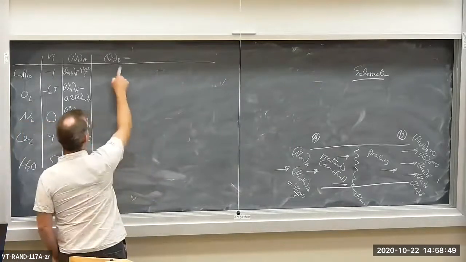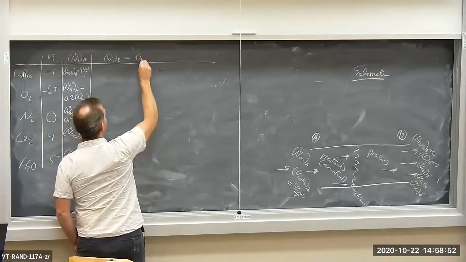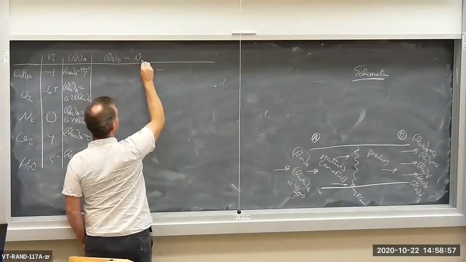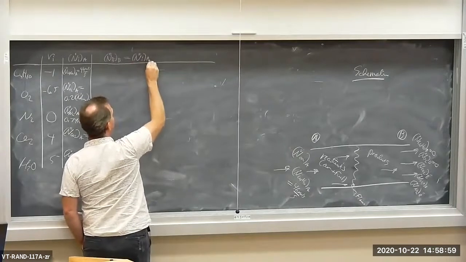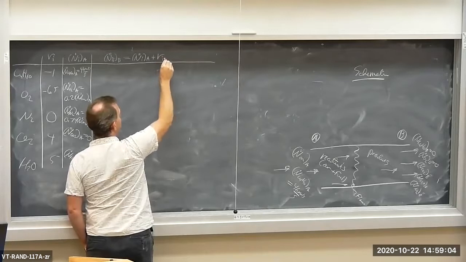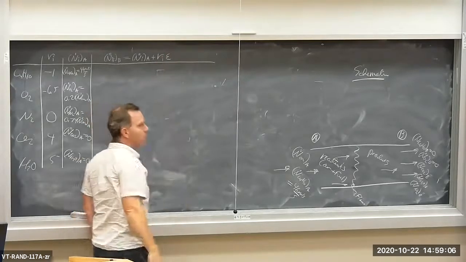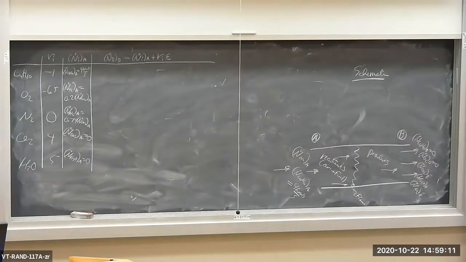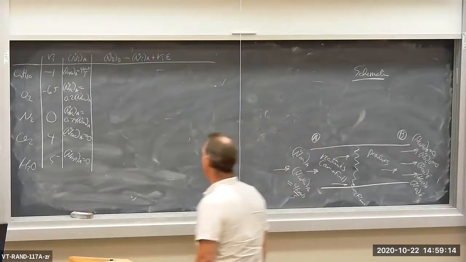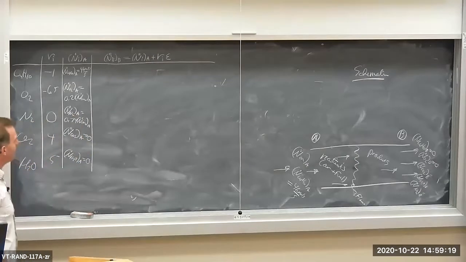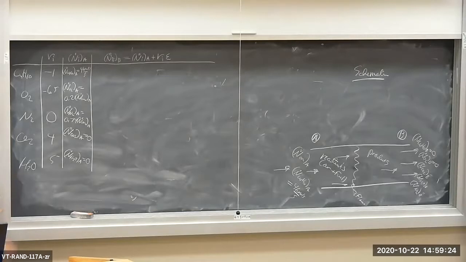N dot IB, the outlet flow rate for chemical component I, is equal to the inlet flow rate of chemical component I plus the stoichiometric coefficient of chemical component I times the reaction coordinate. So this equation relates the inlet to the outlet, the reactant to the product side flow rates, based on the stoichiometric coefficients and the reaction coordinate epsilon. Epsilon tells us how far the reaction goes, okay?